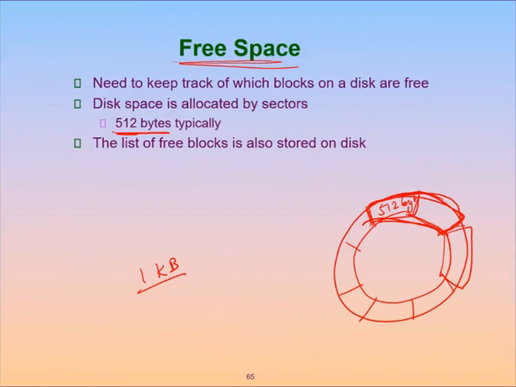Our job is to find the free space, to somehow track the information about the free blocks, so that whenever any request comes to the operating system that this file needs some space on the disk, or you have to create this file, the operating system knows where to put the content of this file. Which space is available to me? So let's see how this can be done.